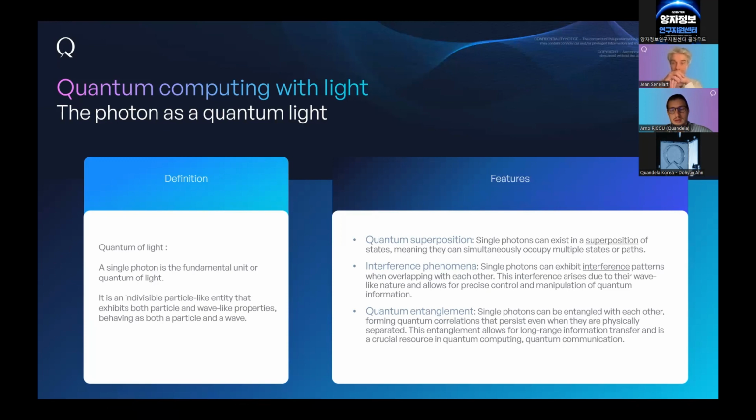So again, entanglement is a really peculiar property. I like to talk about entanglement using an analogy that I heard from John Preskill, the Caltech professor in physics.